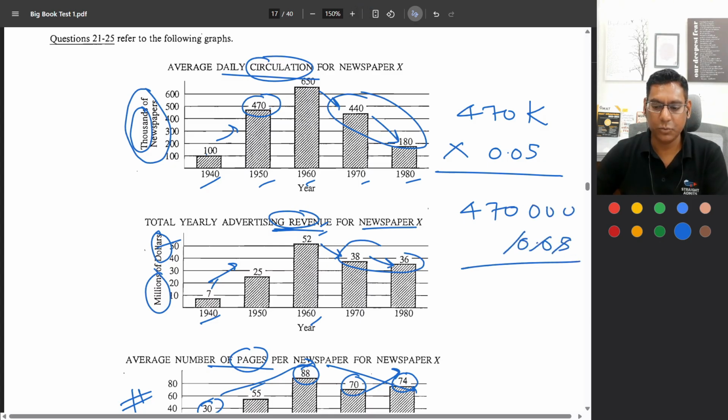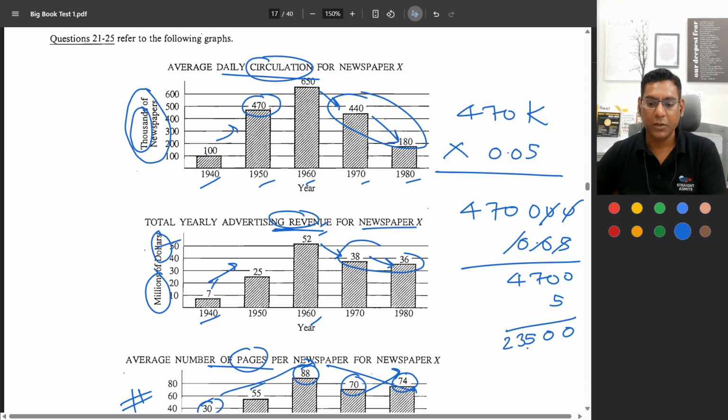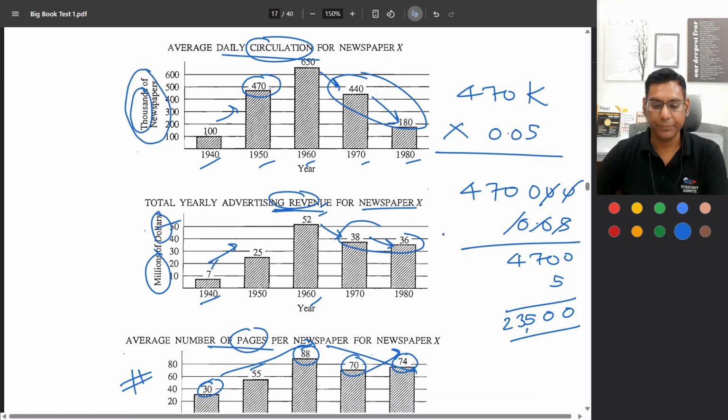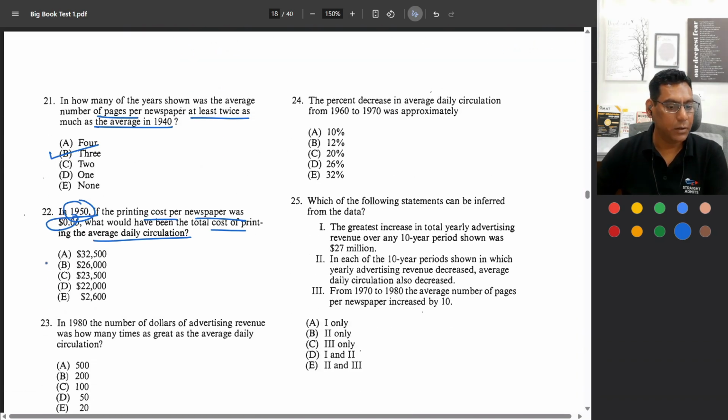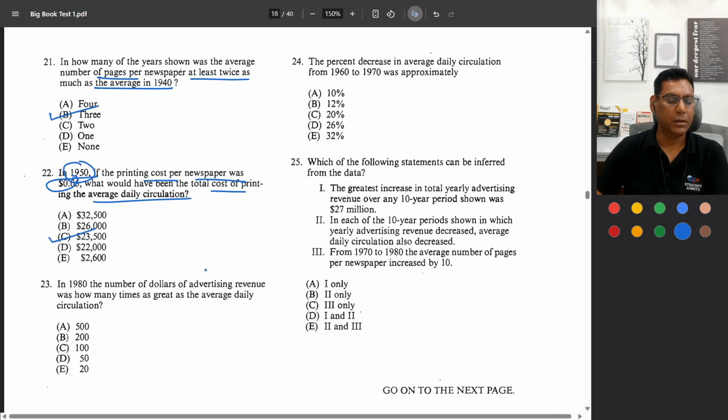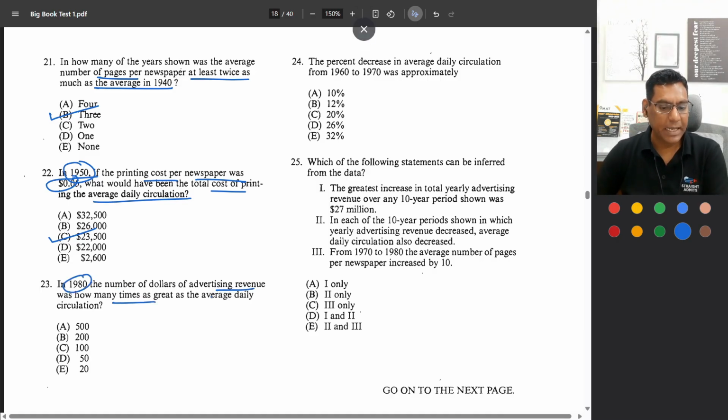So these two get cancelled, these two get cancelled. So what do I have? 4700 into 5. So that is 23,500. Correct? 23,500. Perfect.